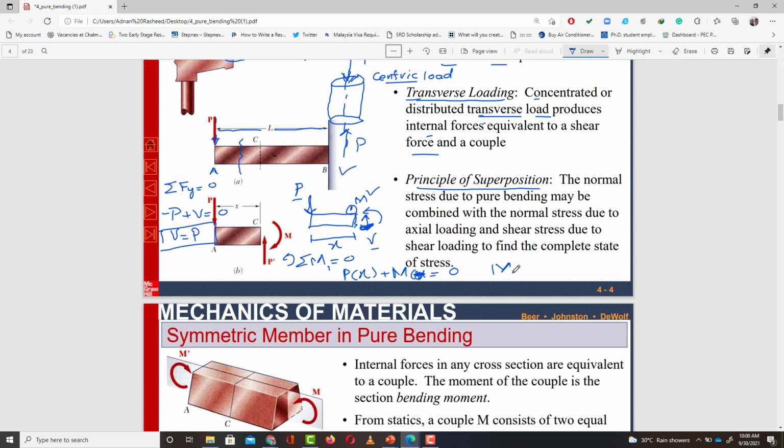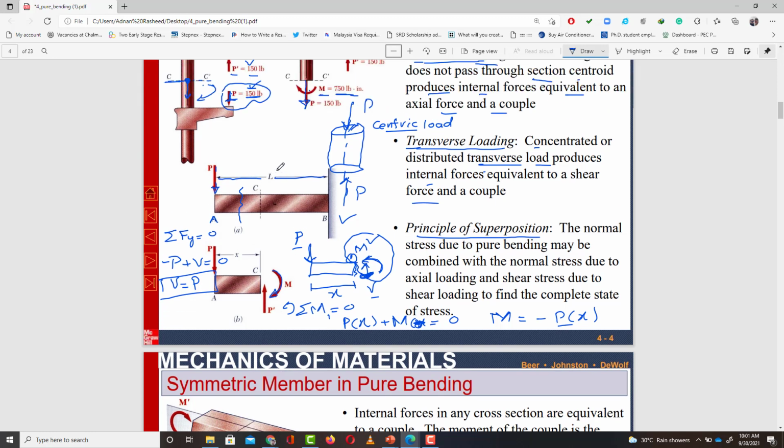That means M is equal to minus P into x. We have assumed this direction, but according to our equation M is equal to minus Px, it means the moment is in the opposite direction. So our assumed direction is wrong.